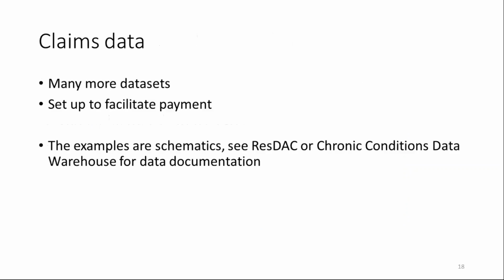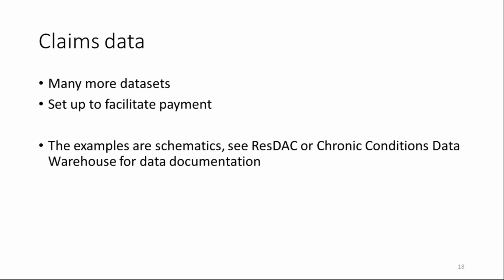Fairly straightforward. With claims, you set up that type of data set within multiple stacks of data. They're set up to facilitate payment across multiple sites of care and multiple visits of care.